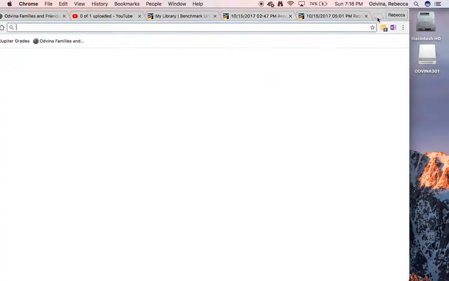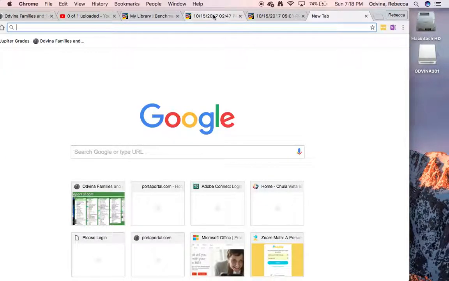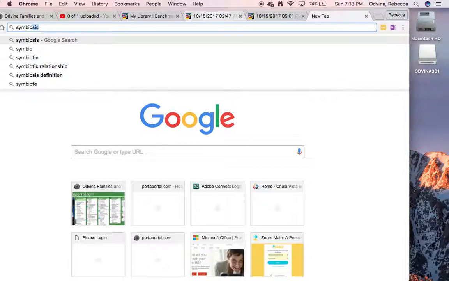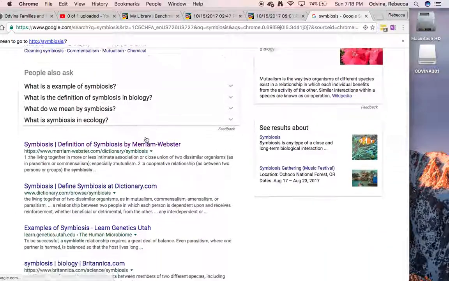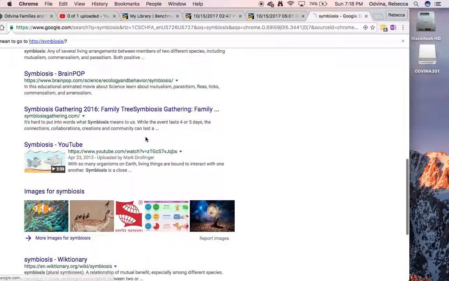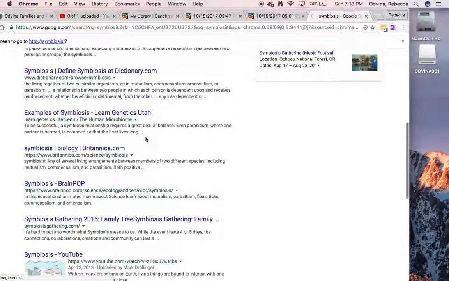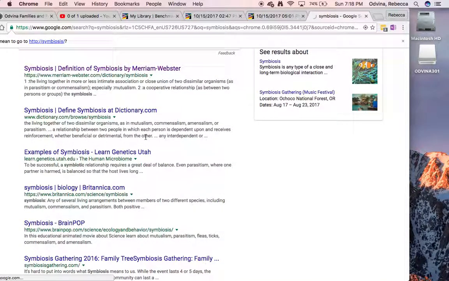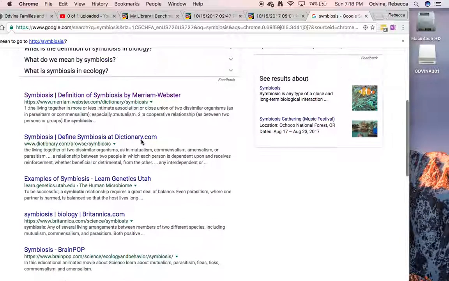Now, if I go into my Google account and I put in symbiosis, I'm going to look for the definition that is part of it. It looks like we have a few of them. The living together in more or less intimate association, a cooperative relationship. That looks pretty useful.